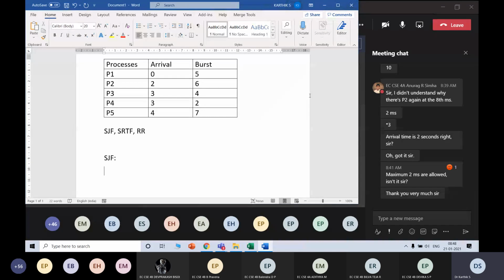Time 0 when you arrived. Okay, let's be very specific. SJF is the non-preemptive version, let us say.